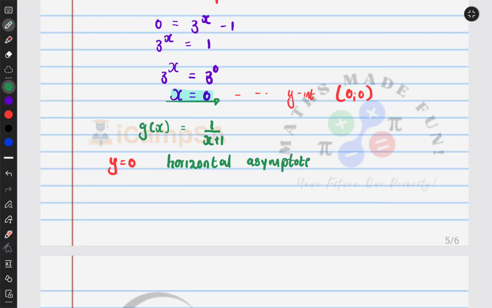And then for the vertical asymptote, you must pay careful attention here. You don't just say x is equal to 1, but you say x plus 1. You take the denominator as it is equal to 0. That will give us the vertical asymptote. Therefore, x is equal to -1 is our vertical asymptote.